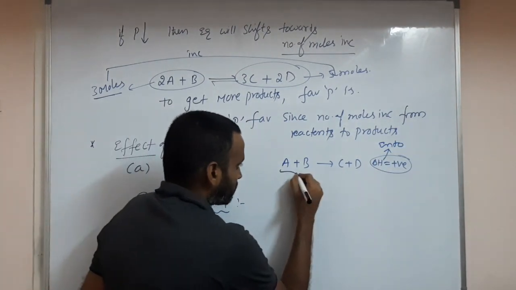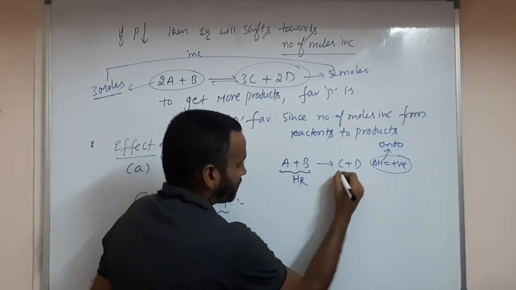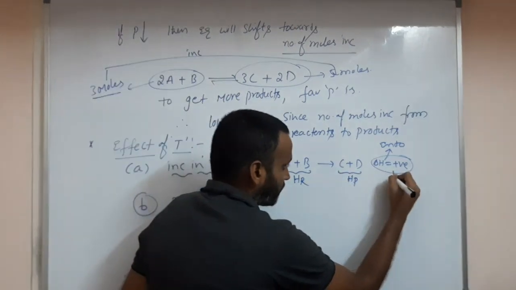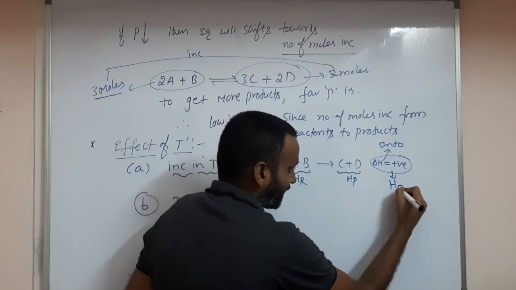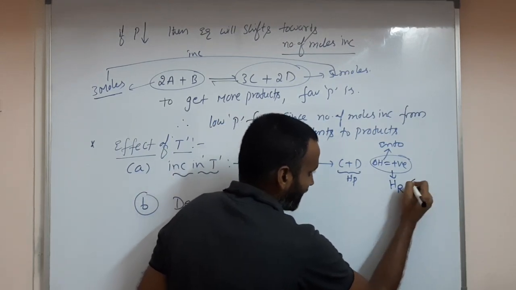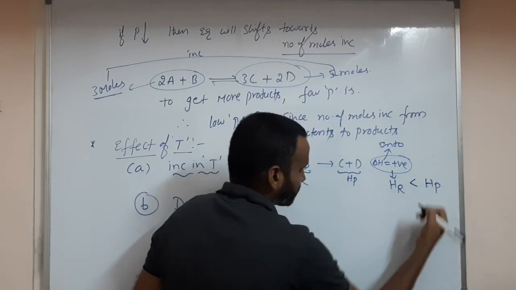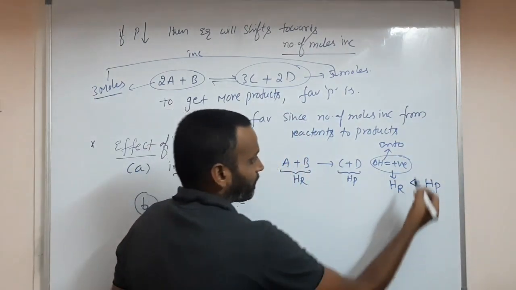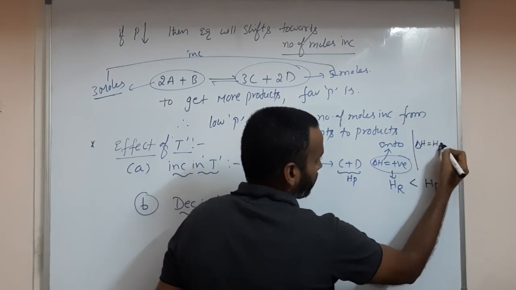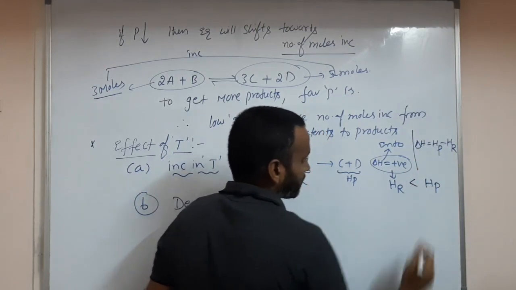So here is the enthalpy of reactants, and here the enthalpy of products. Endothermic means the enthalpy of reactants is less than the enthalpy of products, because delta H is nothing but enthalpy of products minus enthalpy of reactants.